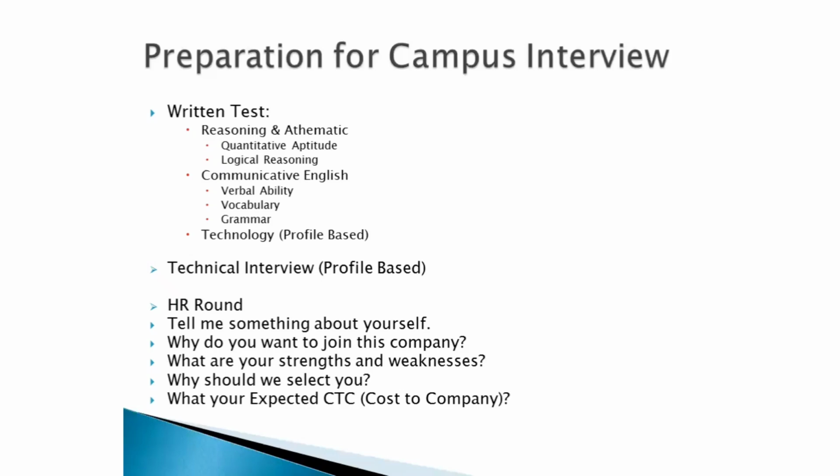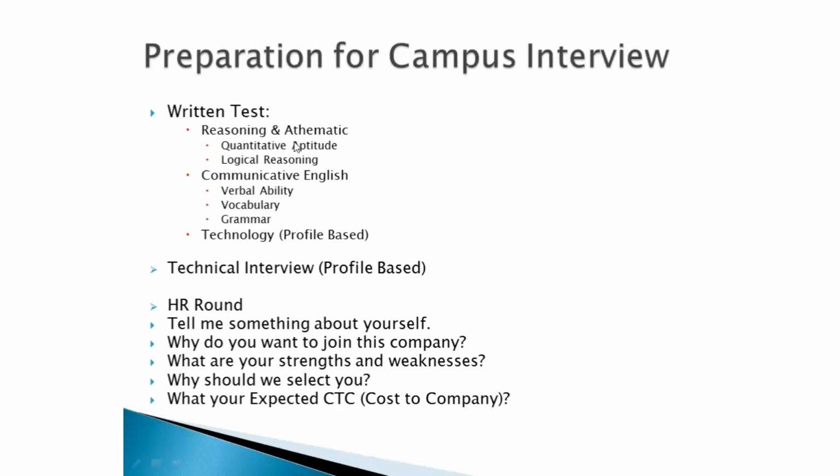Suppose you are very strong in reasoning and arithmetic, logical thinking or problem-solving skills, then no problem. If you are poor in communicative English, like verbal ability, vocabulary or grammar, you should improve those skills. In parallel, when you prepare for a job, you first need to prepare for the written test.